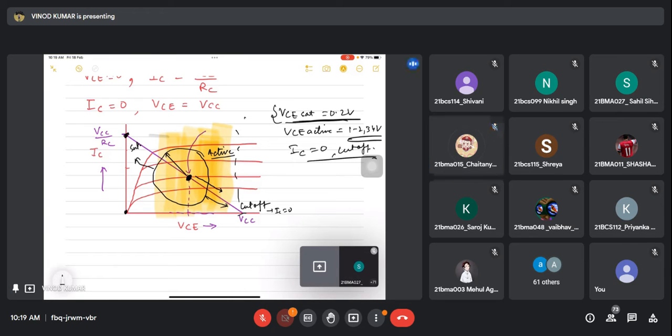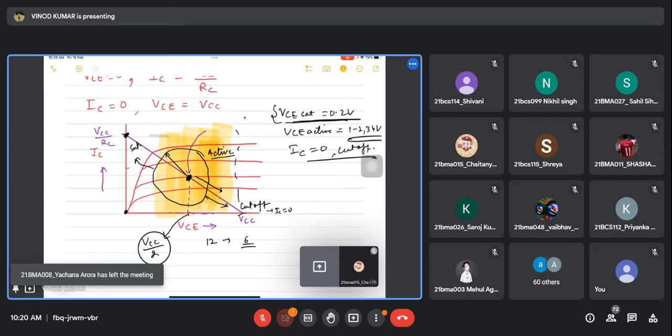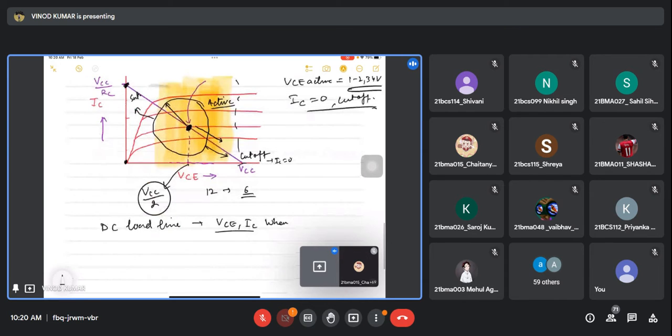Yes, sir. So this point we are generally taking at VCC by 2. If VCC is 12, this point is generally in the middle of that. So this DC load line is generally the relationship between VCE and IC when we are not applying any AC signal.